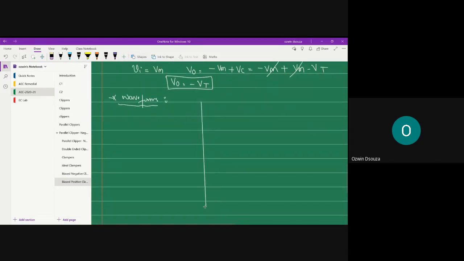Let me just draw the axis. So this is your input. Let's first sketch the input.